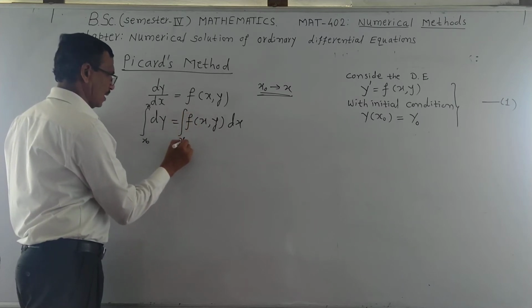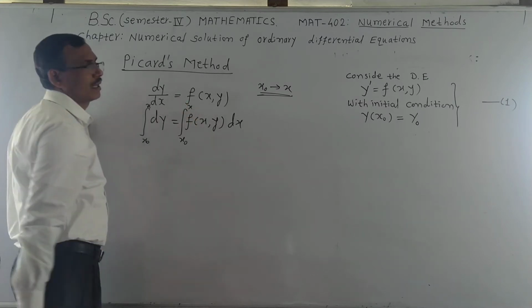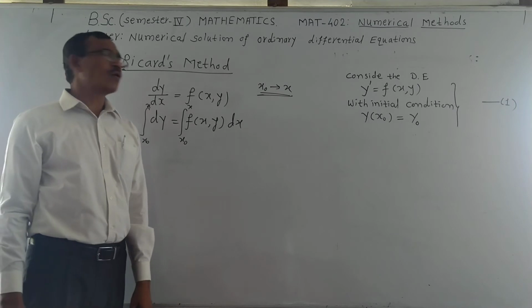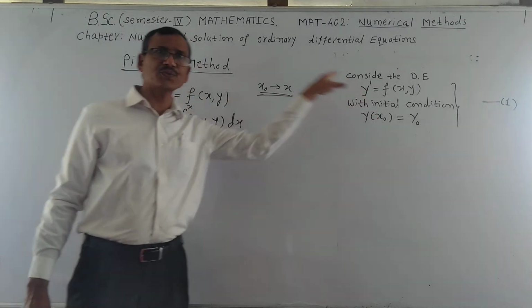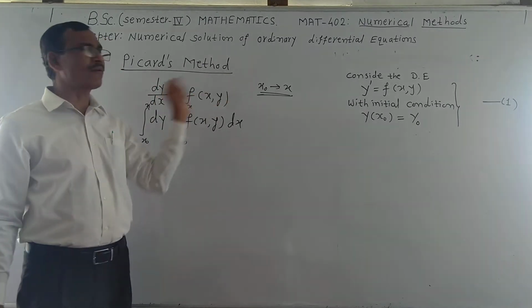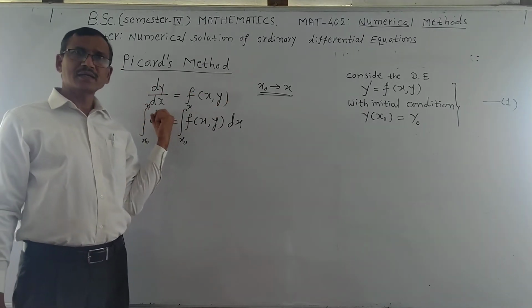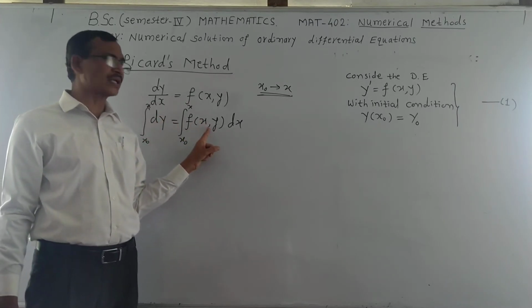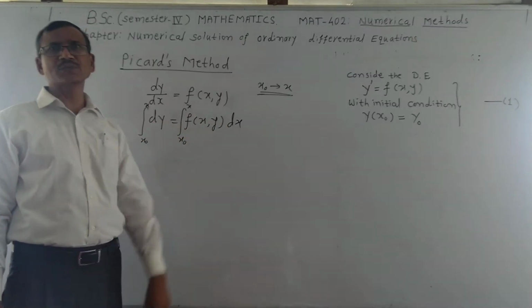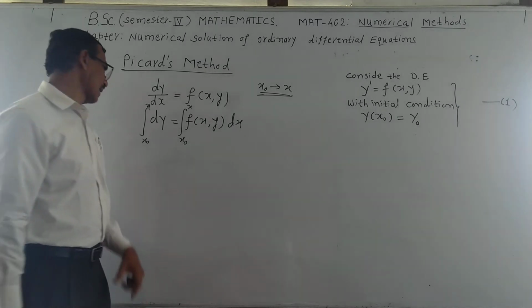Only, we have considered the differential equation y dash is equal to f of x, y, and on the left hand side y dash can be written as dy by dx, and then we shall write dy is equal to f of x, y dx and integrate both sides from x0 to x.